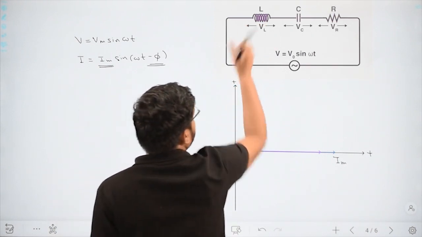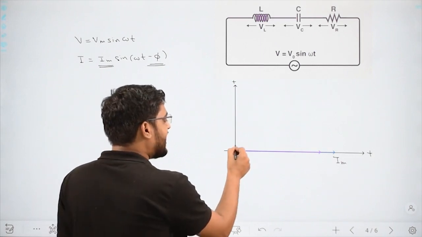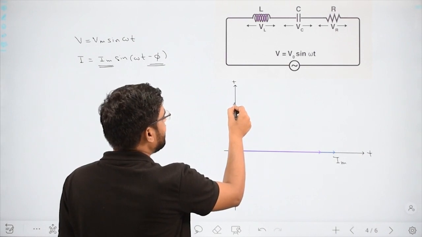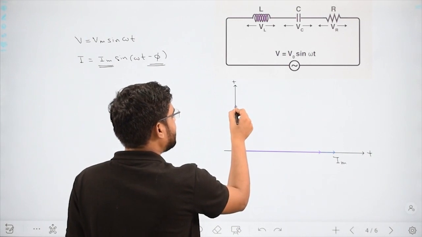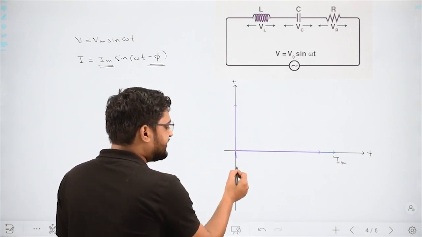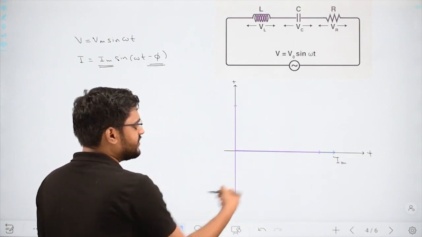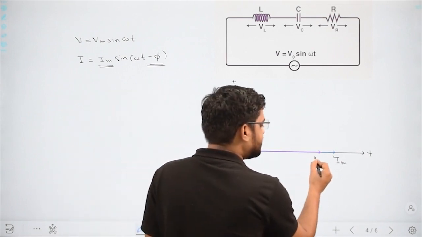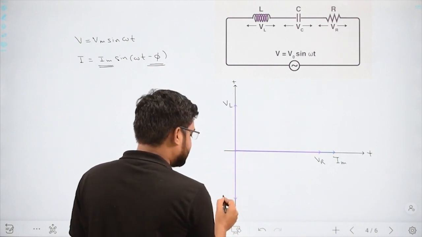In the case of an inductor, voltage leads by an angle of 90 degrees. So this is my VL, at an angle of 90 degrees. What about VC? Voltage lags, so it is behind the current, at an angle of minus 90 degrees. Here, this is my VR, this is my VL and this is my VC.